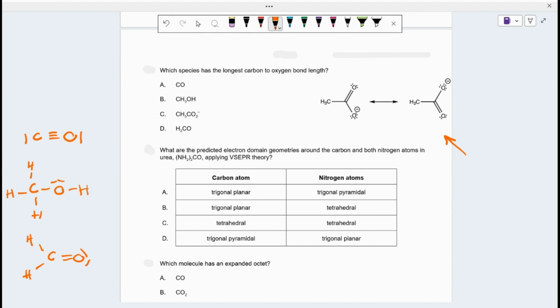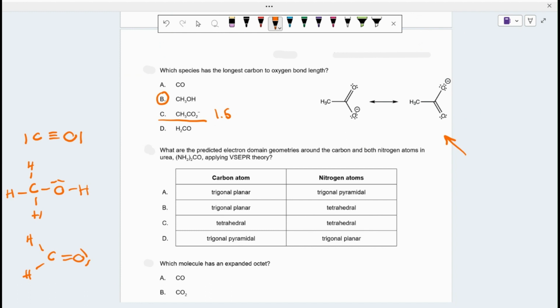So the longest bond will be the single bond, and the single bond in this case is with B. The triple bond in A would be the shortest bond. The bond order here would be 1.5, so it's in between a single bond and a double bond. And of course for D we have a double bond.